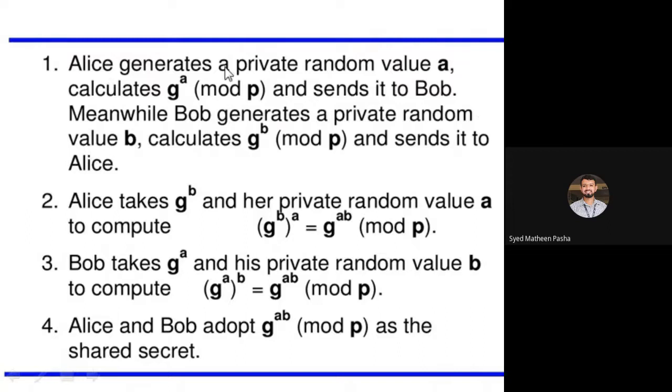First, Alice generates a private random value a. Once we get the value of a, which is any number you can choose, I can calculate G to the power of a mod P. We know the value of both G and P. P is nothing but a prime number, and G is some element.